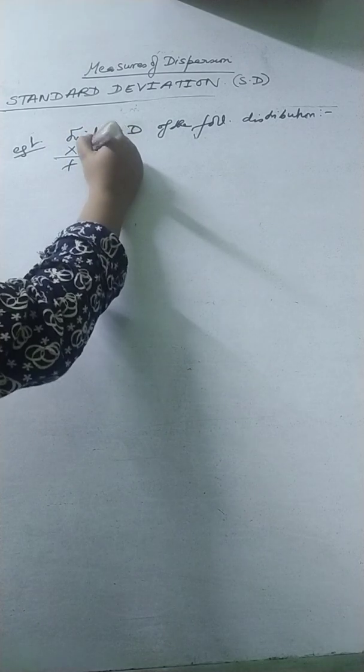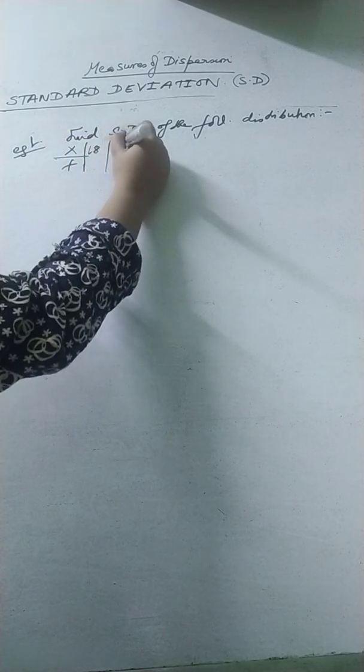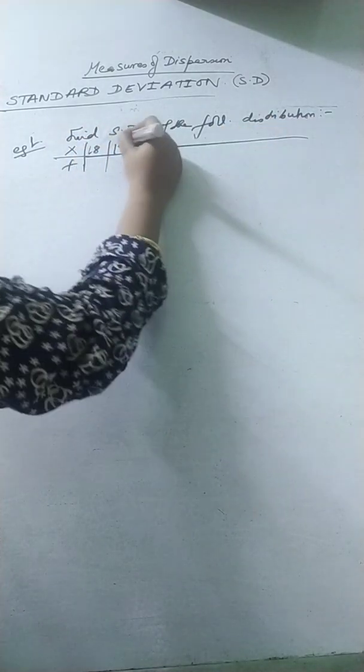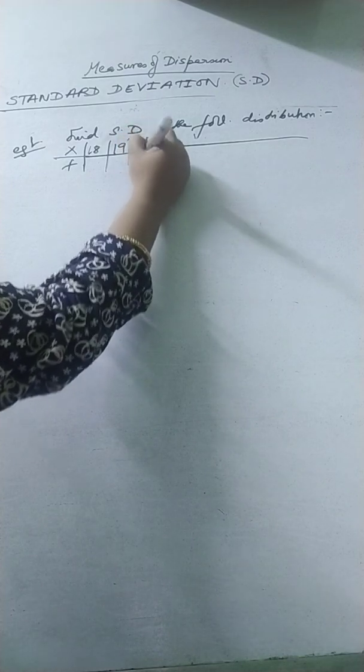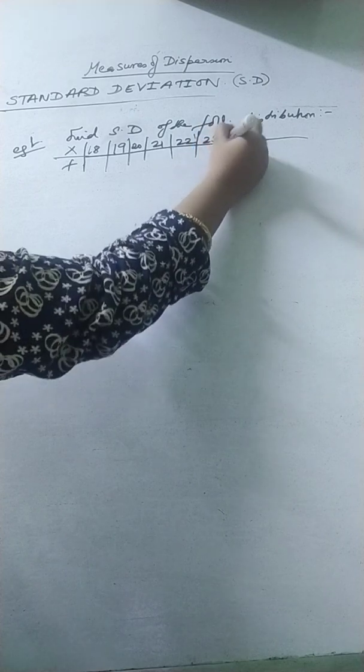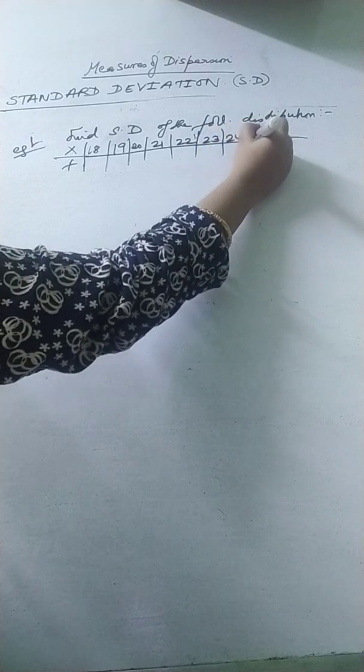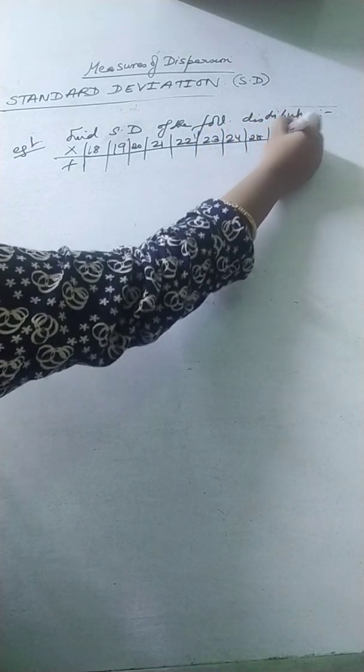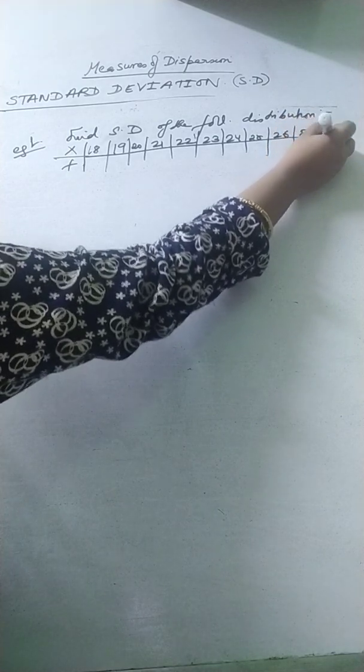Values of x are 18, 19, 20, 21, 22, continue till 24, 25, 26, 27.